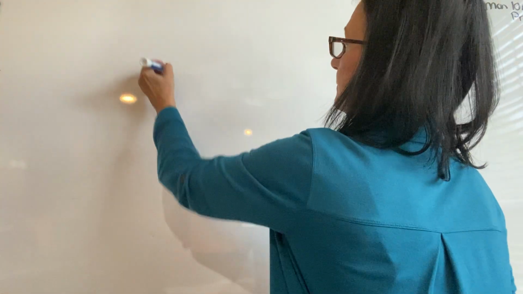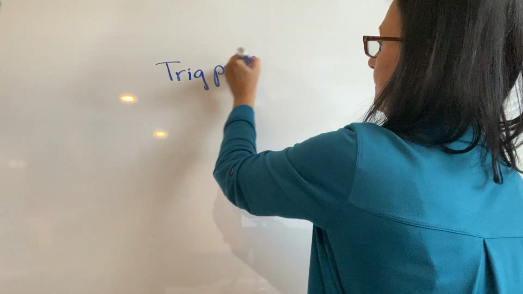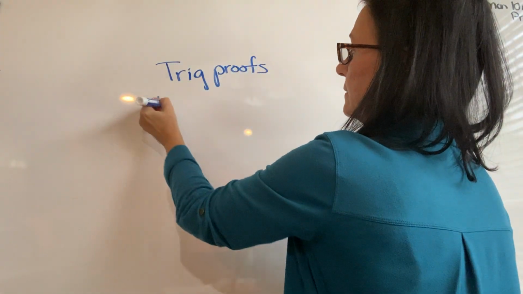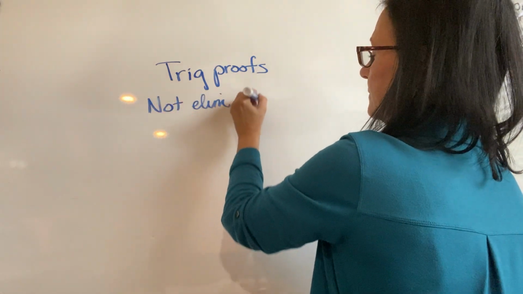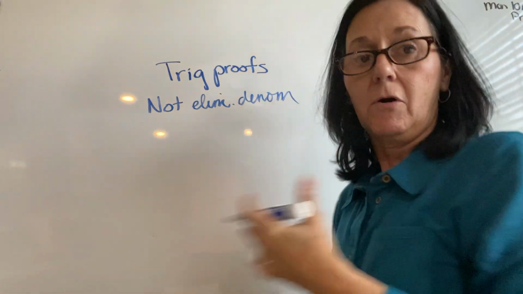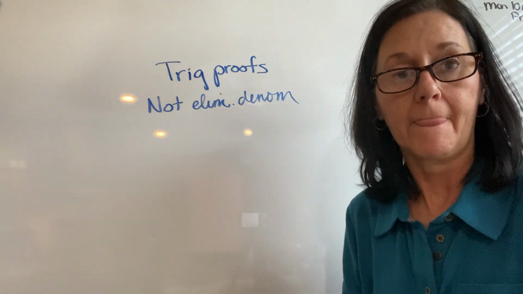That's key when we're working trig proofs. We're not going to eliminate denominators by multiplying every term by something.